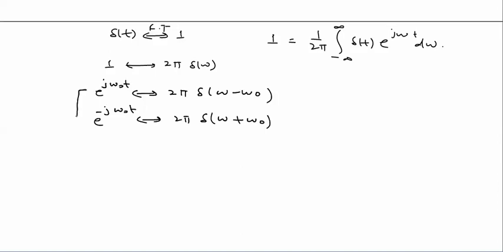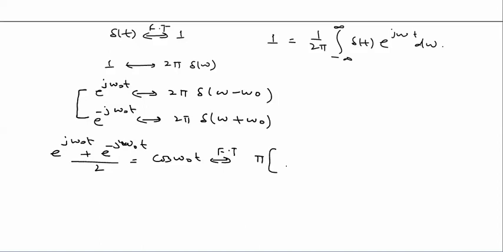By adding these two terms and dividing by 2, it becomes cos omega naught t, and its Fourier transform is pi [delta(omega minus omega naught) plus delta(omega plus omega naught)].